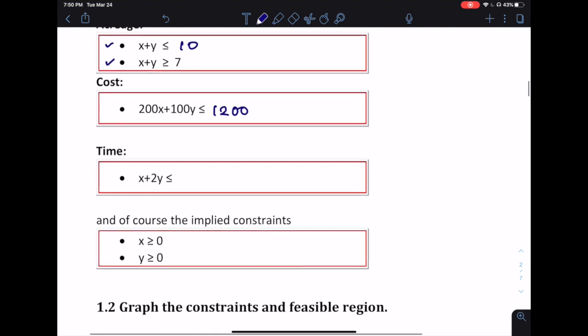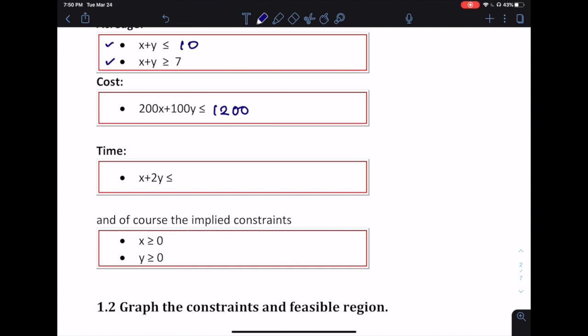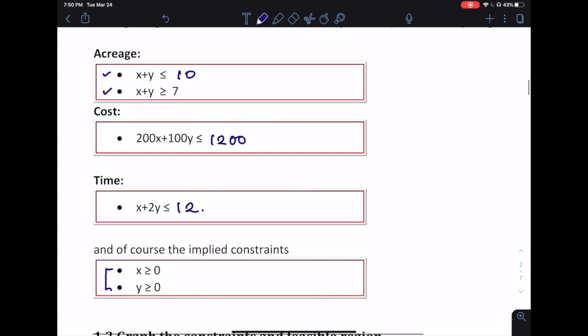And what about the time use? 1 hour for x, 2 hours for y. So x plus 2y must be less than or equal to 12. And of course, we have non-negativity constraints here. So we have two constraints for acreage, one for cost, one for time, and non-negativity constraints.